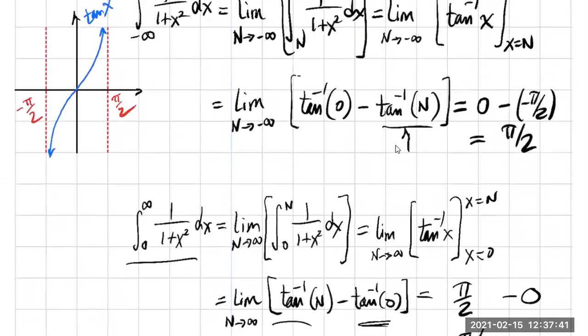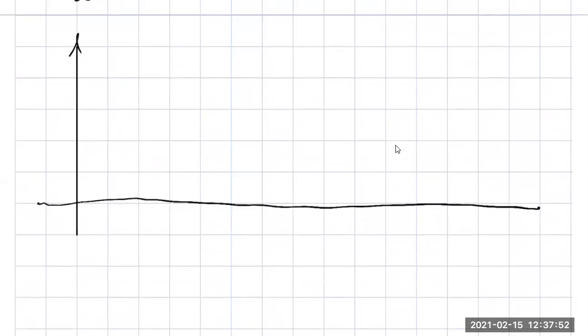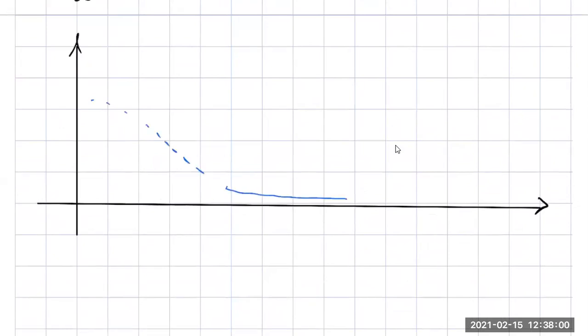And what you'll find, I'll put it down here. Okay, so it'll look like that.